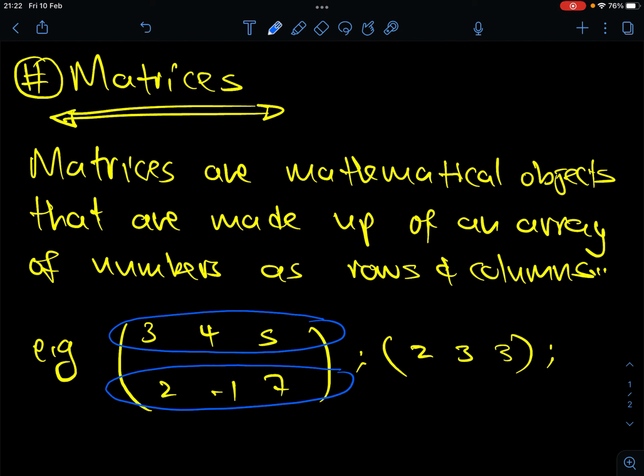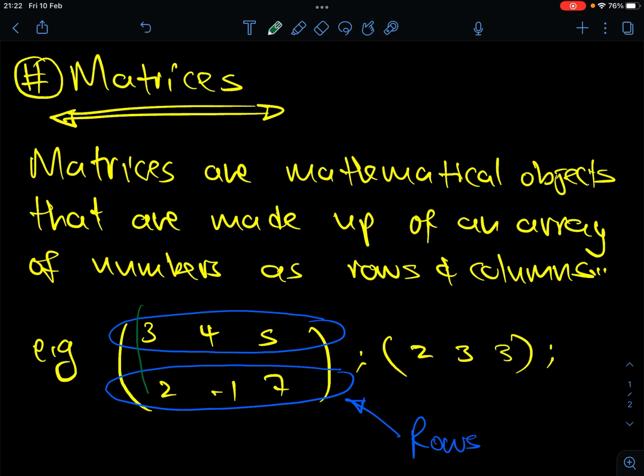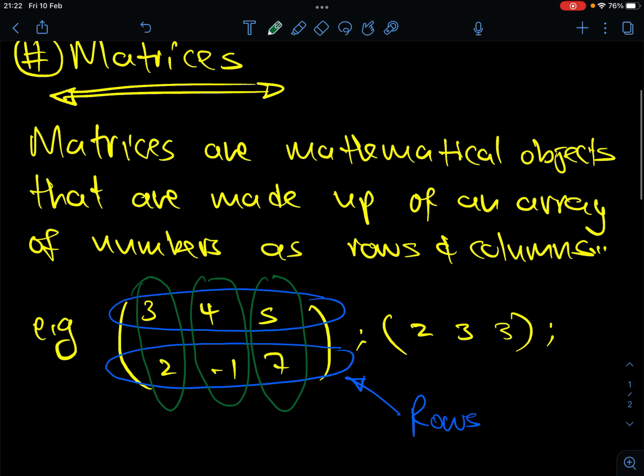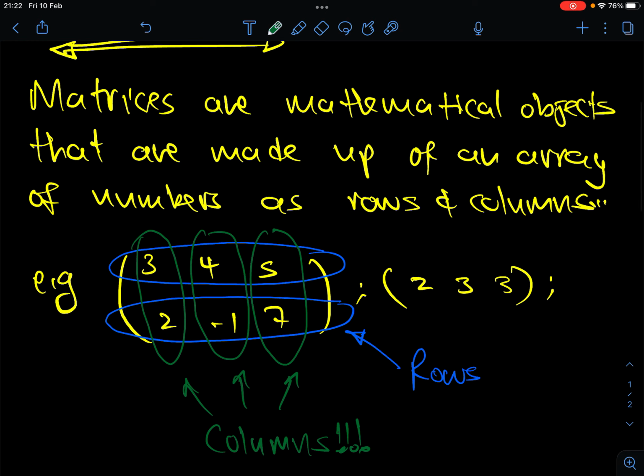These are what we refer to as the rows of a matrix. Then within the same block, you also have numbers arranged vertically, like that. These vertical arrays are what we refer to as the columns of a matrix.